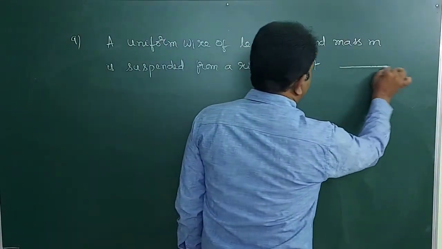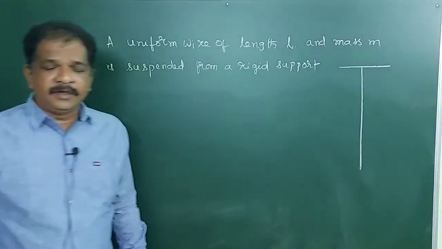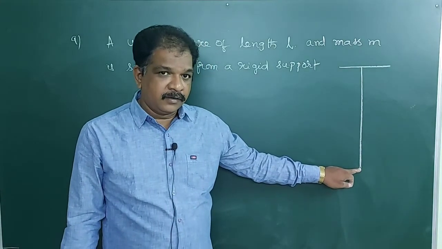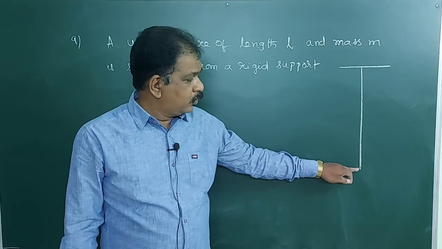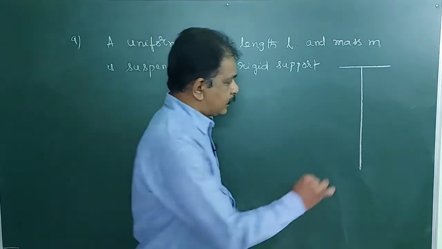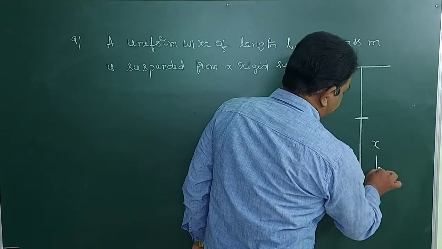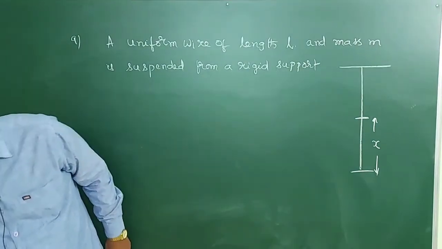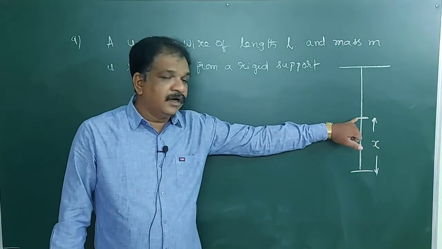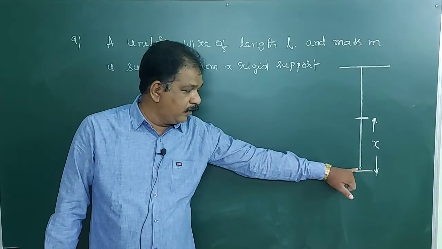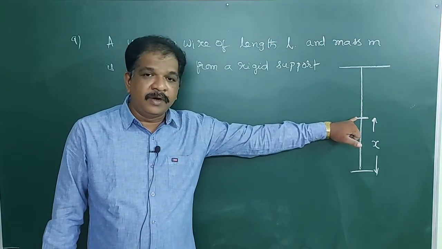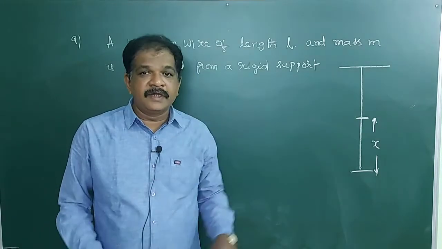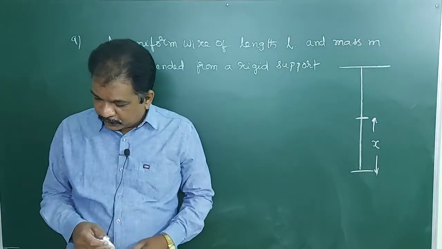One wire is there, suspended from a rigid support. Here I am sending a wave from the bottom to travel a distance of x. Let us assume this distance is x. How much time will it take, and what is the velocity of the wave here? When it reaches this point, what will be its velocity? And to reach this point, what is the time? Questions like that will be there.